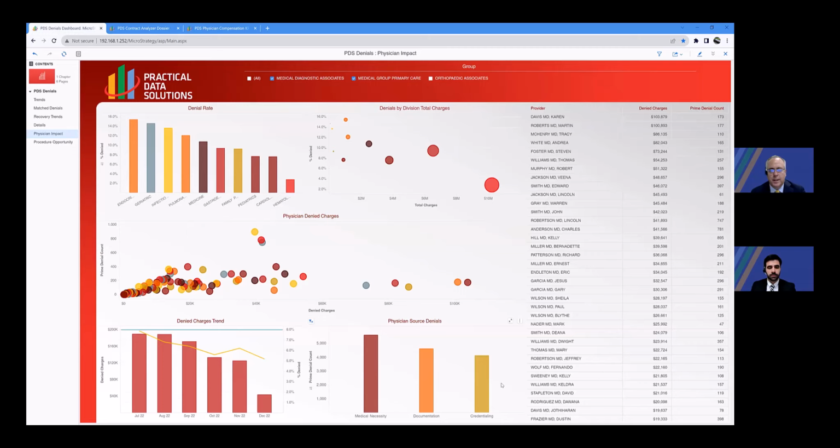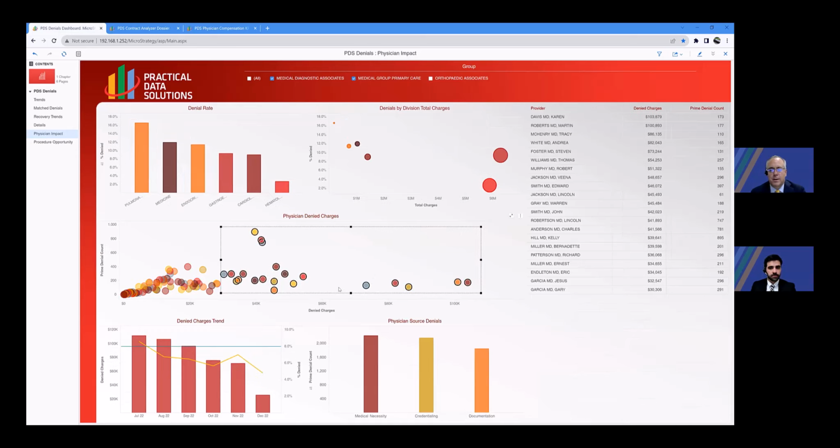So, physician related denials. And again, through our interactive visualization, we can fairly quickly look at just the top third of physicians that are having an impact on causing denials or correlated to denials. And you can very quickly slice down to where we might want to focus.